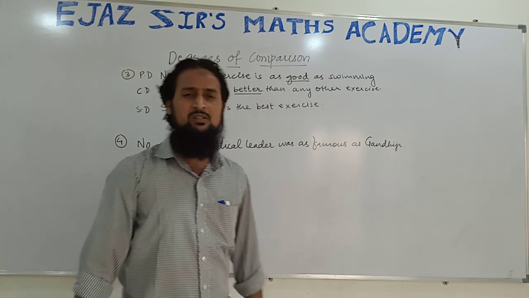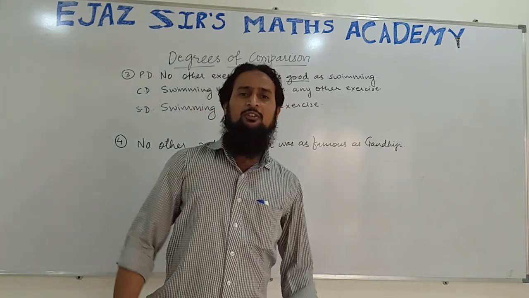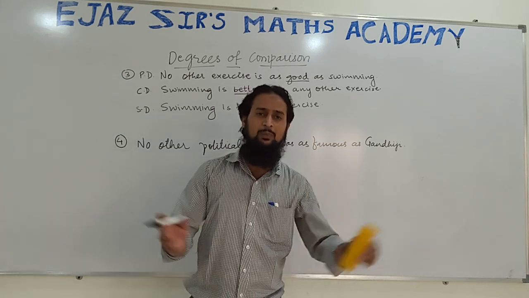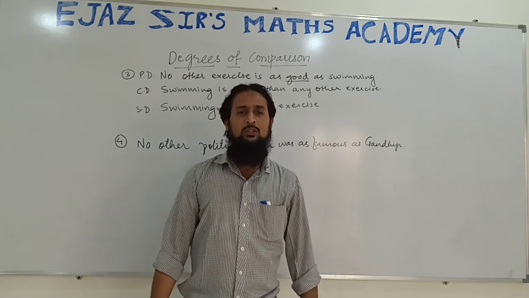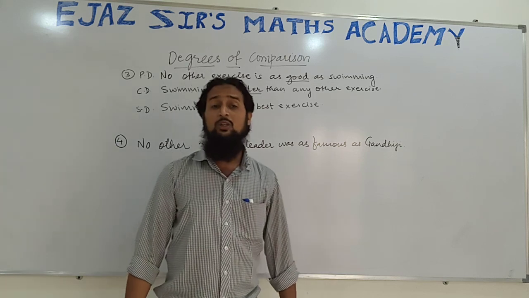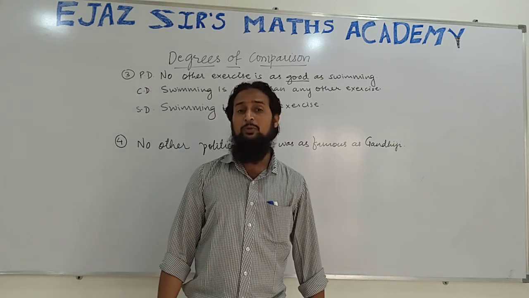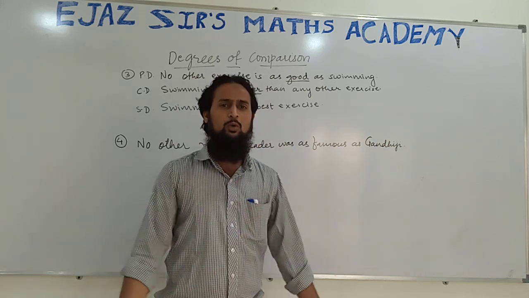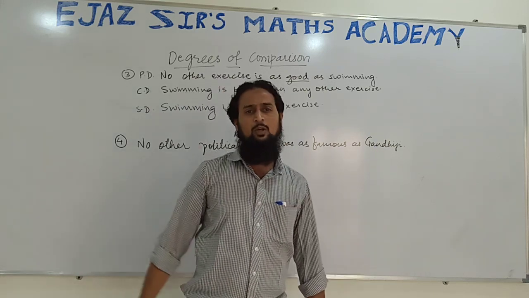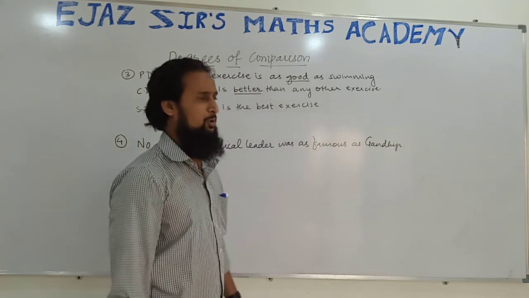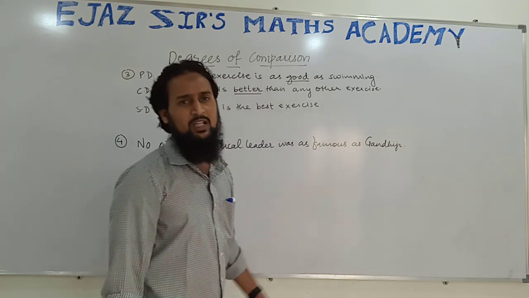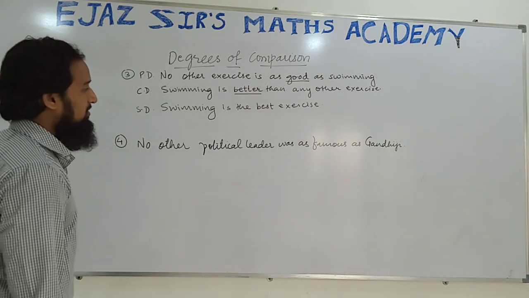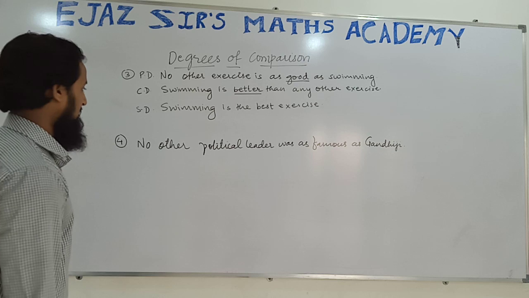What is the difference between famous and popular? Famous means all people know that person. It is well known. But what is the meaning of popular? Popular means all the people know and love that object or person. So it is better to be popular than only to be famous. No other political leader was as famous as Gandhiji was.